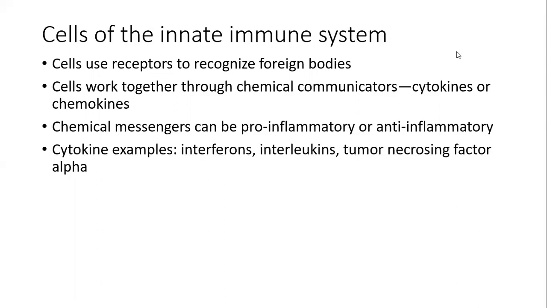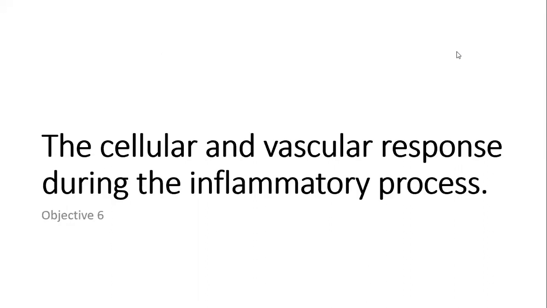So they're both kinds. Some examples of cytokines are interferons, interleukins, tumor necrosis factor alpha. So those are some pro-inflammatory cytokines. So let's talk about the cellular and vascular response.